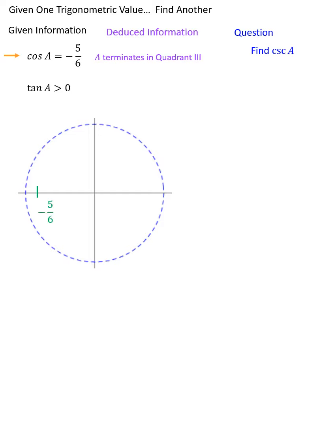That means A must terminate at some point whose x-coordinate is negative 5/6. But I also know that A terminates in quadrant 3. There's only one point in quadrant 3 that has an x-coordinate of negative 5/6, and here it is. So now I have a pretty good picture about what the terminal point of A looks like.